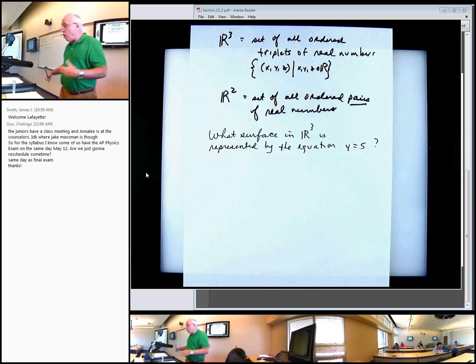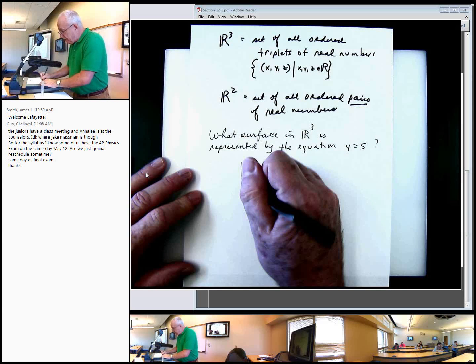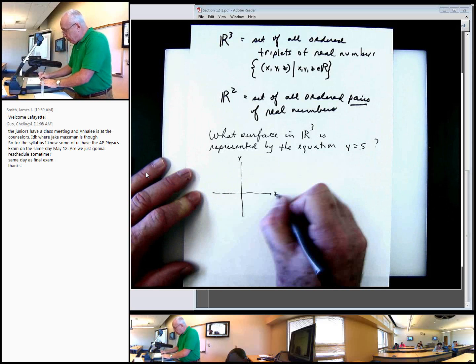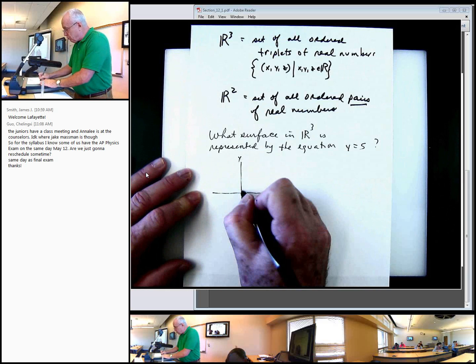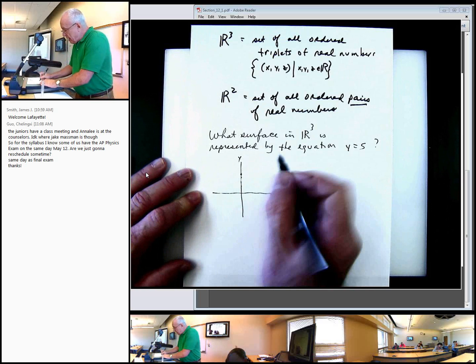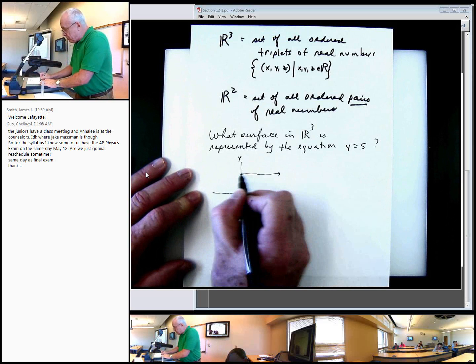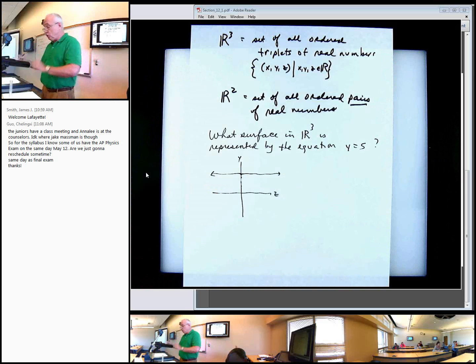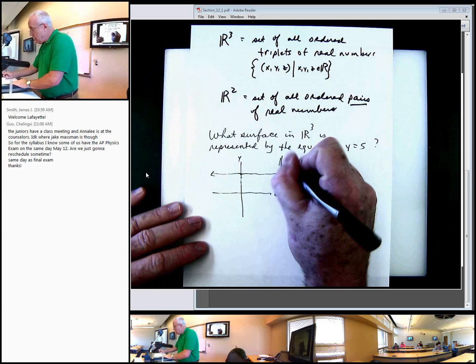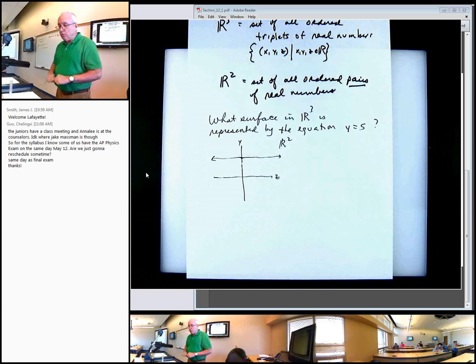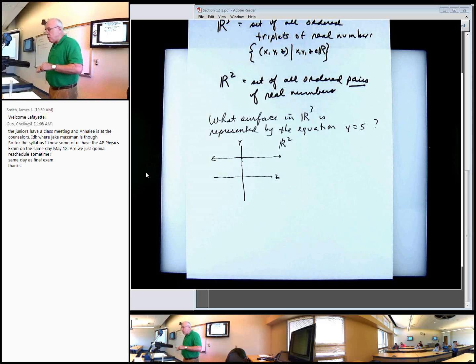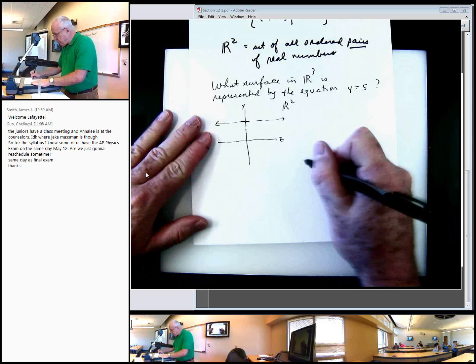Now, in R2 from previous semesters, y equals 5, we would just go up 1, 2, 3, 4, 5, and it would be this straight horizontal line, right? Okay, that's in R2. But now we're talking about R3, so we need to be looking at the x, y, and z axis here.